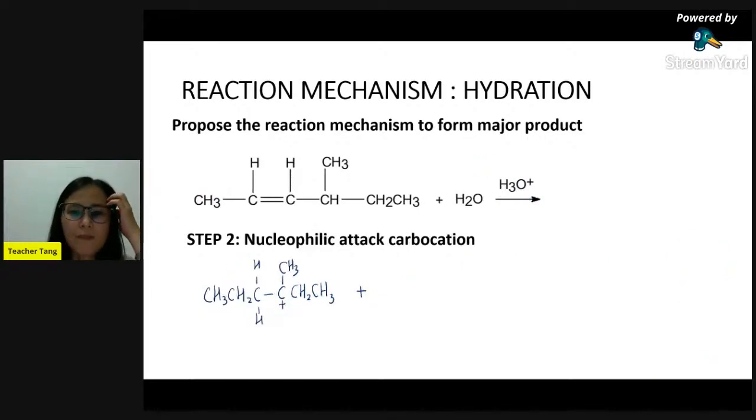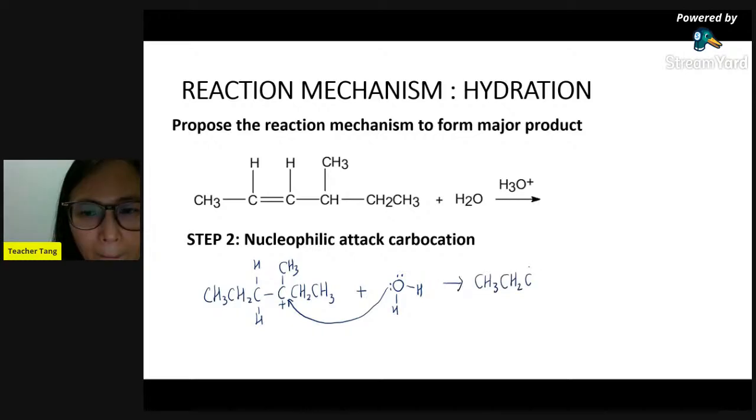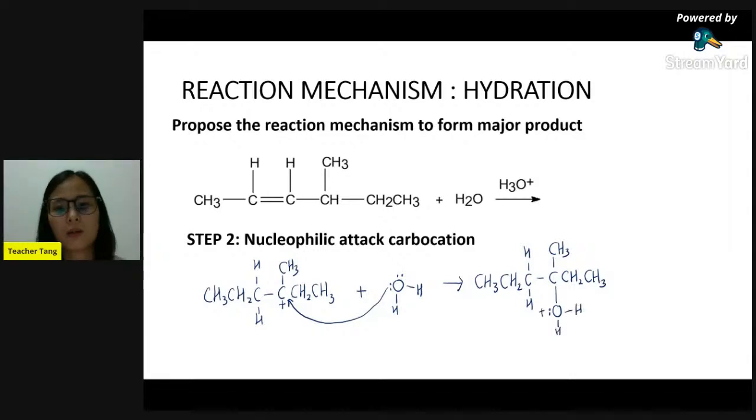So in the next step, water will come in to attack the carbon that carries the positive charge. Okay, form the bond. Then membentuk protonated alcohol.